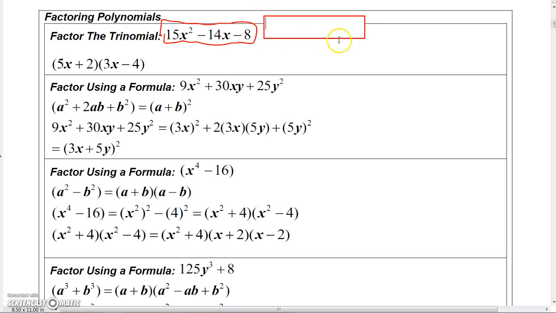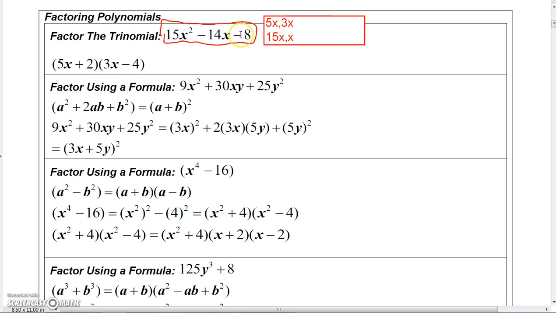And so what you're going to have to do is say, well, the first term will factor into 5x and 3x, or it'll factor into 15x and x. And then you figure out what the last term factors into. Well, there's several things the last term can factor into.